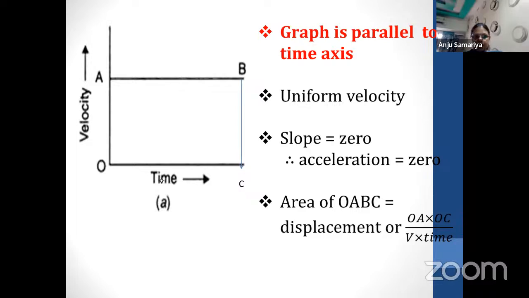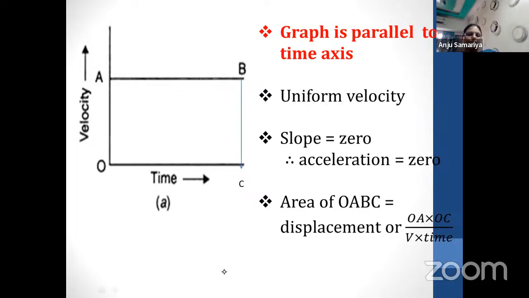So the body is not at rest, but moving with uniform velocity. And since the body is moving with uniform velocity, the acceleration is zero. Slope is zero, acceleration is zero.